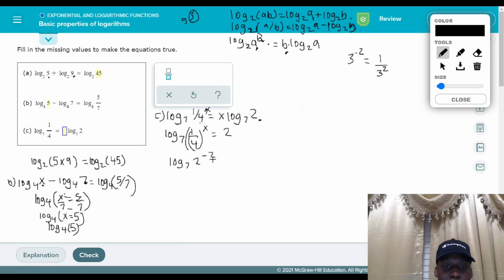And the reciprocal of 1 over 4 to the power x, in this case, because we want to find an exponent that relates with 2, is 2 raised to the power minus 2 equals x log 7 of 2 now. Okay, now we're on the right track. This looks like this now, so now we're good.